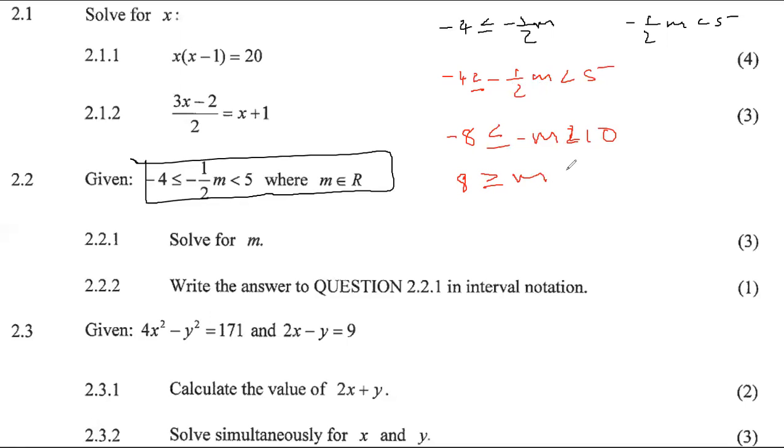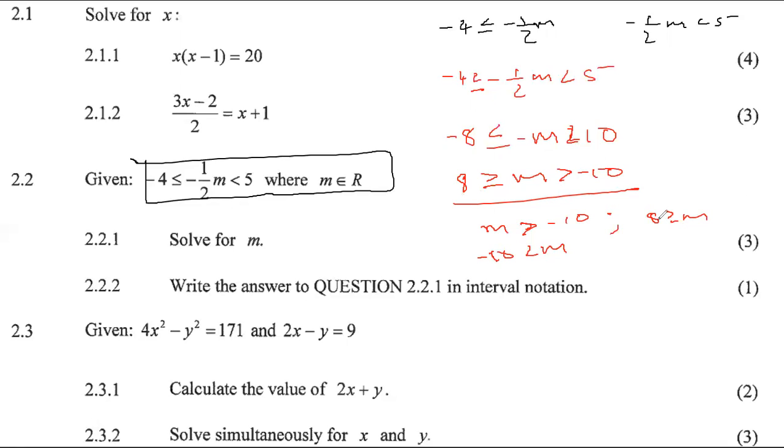This one here will also be greater than or equal to minus 10. But this is not a proper way to write an inequality. You are saying m is greater than minus 10, and you are saying 8 is greater than or equal to m. A simple way to write this is to note that m greater than minus 10 is the same as saying minus 10 is less than m.